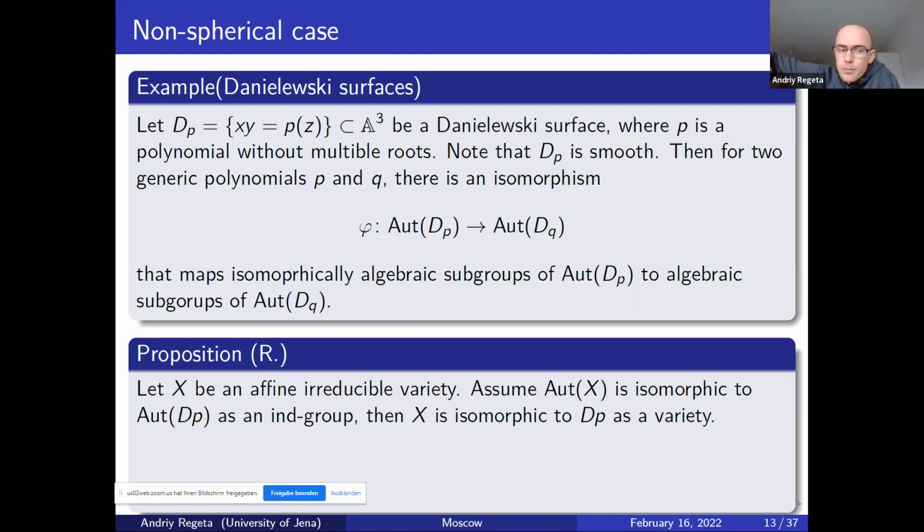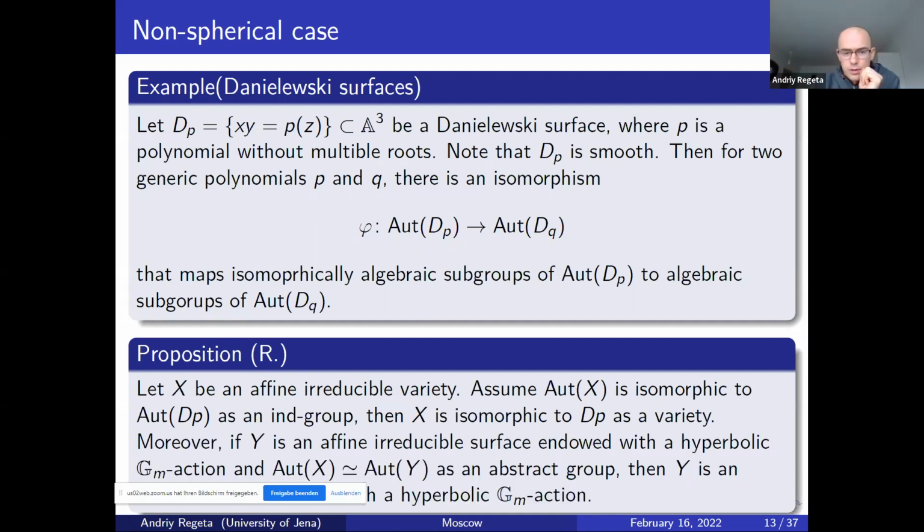So if you put extra structure on the automorphism group, namely ind-group structure, then this makes the automorphism group very rigid, much more rigid than just an isomorphism that preserves algebraic groups. And in this case, we can really determine dP by its automorphism group. Note that we don't need any normality on X here, like we needed in the case of spherical varieties.